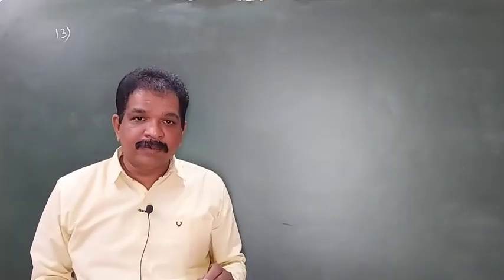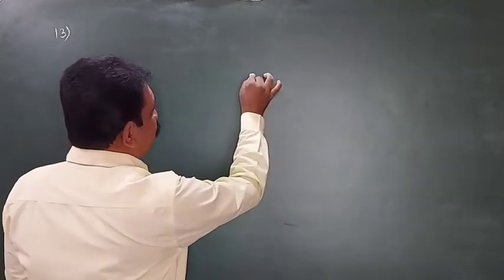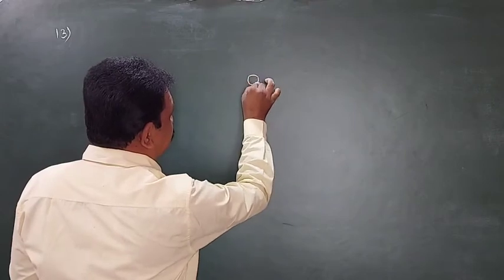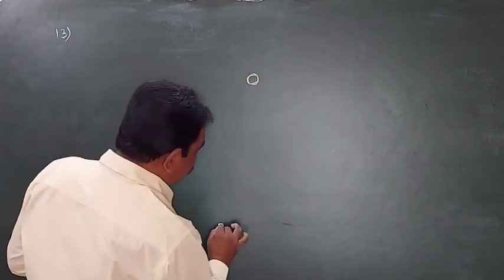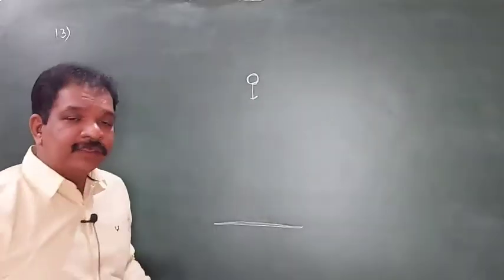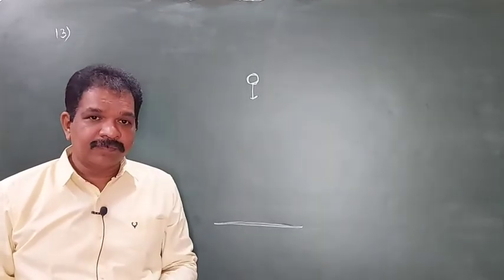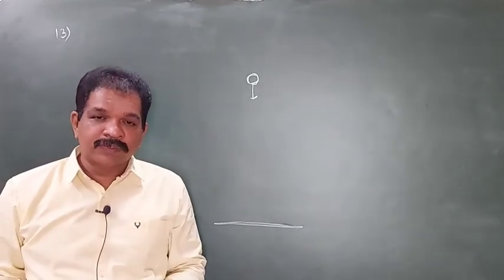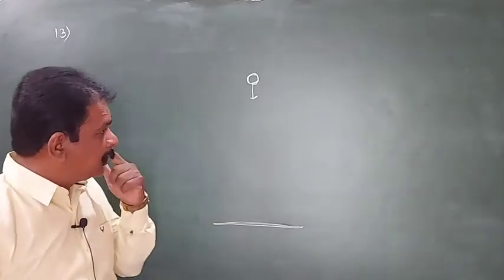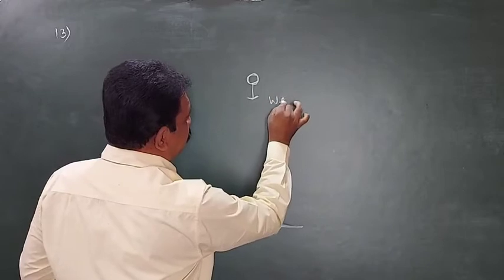So, what is meant by terminal velocity? Let us see. For example, here one raindrop is there. This is the raindrop. It is falling from some height. On the raindrop, 3 forces will act. Okay, let us assume 2 forces only. What are the forces acting on the raindrop?